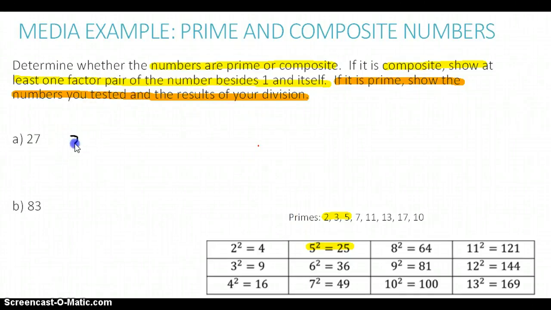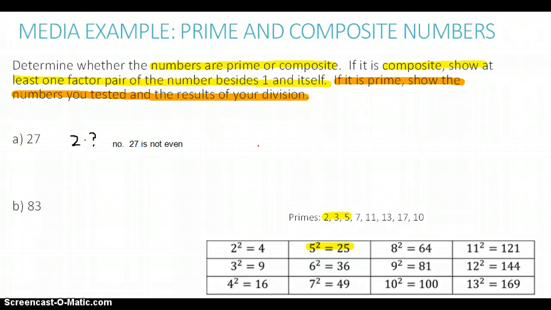So is 27 divisible by 2? Is 2 a factor? And we can say, no, 27 is not even. So that's a justification for 27 not being divisible by 2. Only even numbers are divisible by 2.